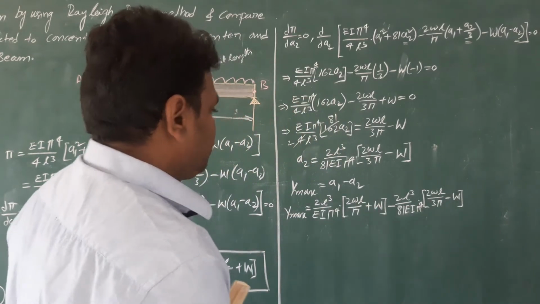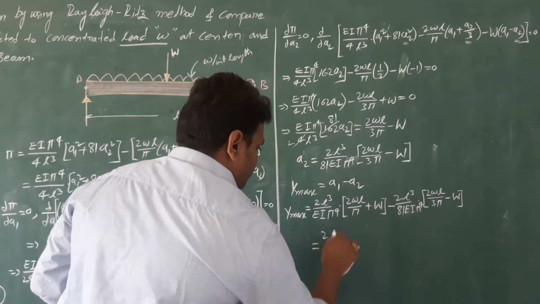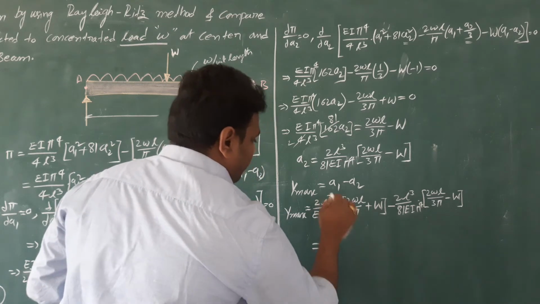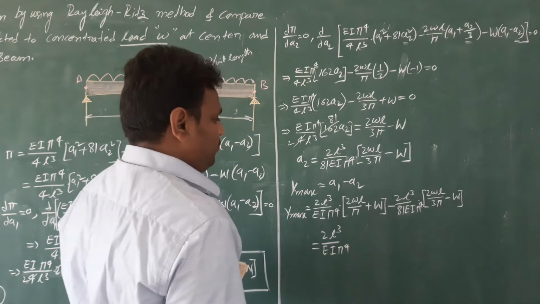Now take common elements outside. 2L cube by EI pi power 4 is the common element.